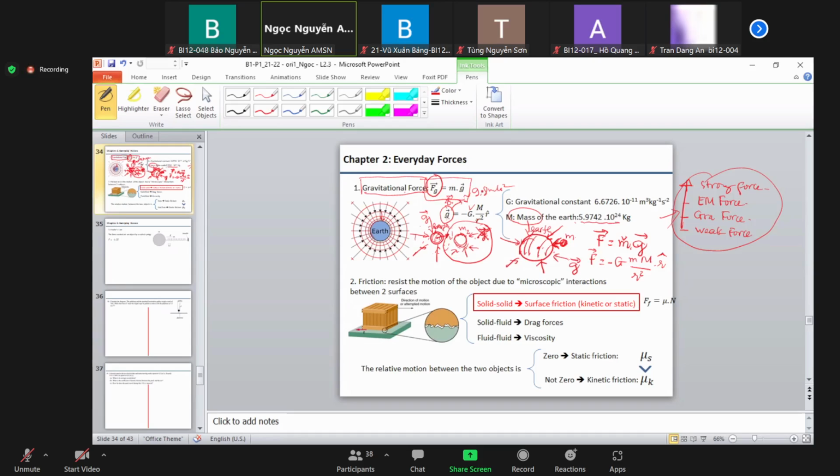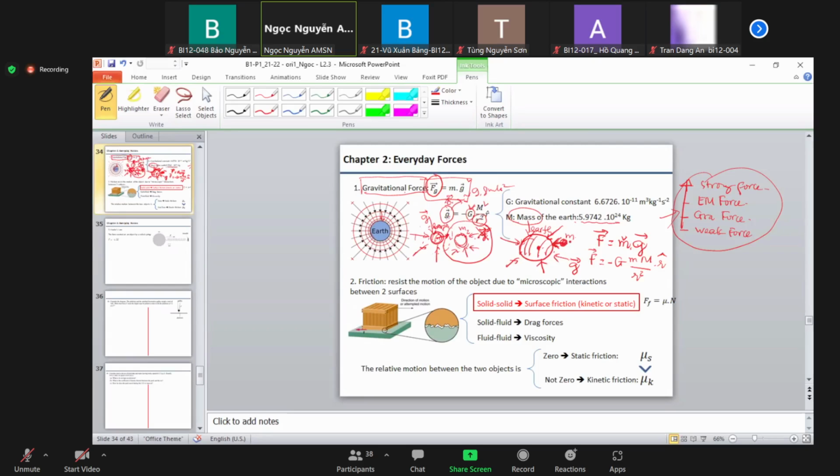G is a constant. In fact, when you look at this, you see that G is not a constant. Why? Because the big G is constant and the mass is constant, but the distance here is between the center of the Earth and the center of the mass of your body.